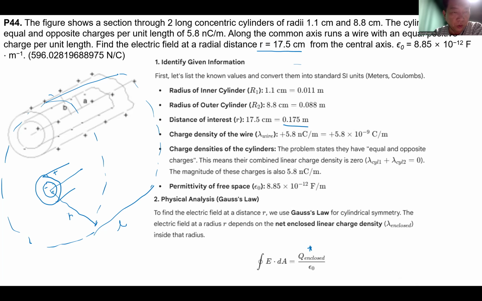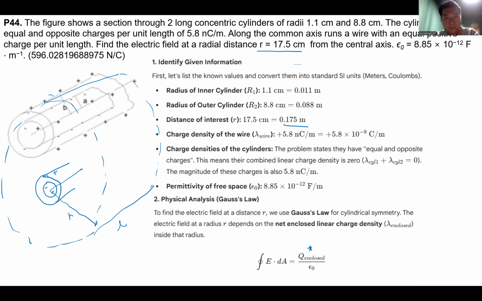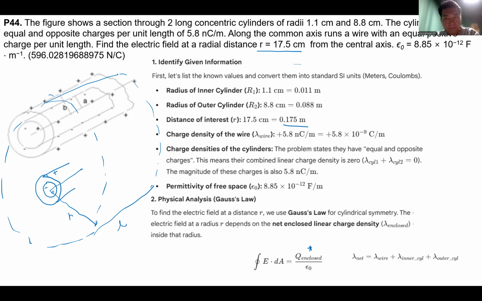So plus and minus are equal, and the only contribution is, once again, this charged wire. That's the importance of this problem: net charge is important. The net charge is given by the wire plus the inside and outside cylinders, and those cancel out.